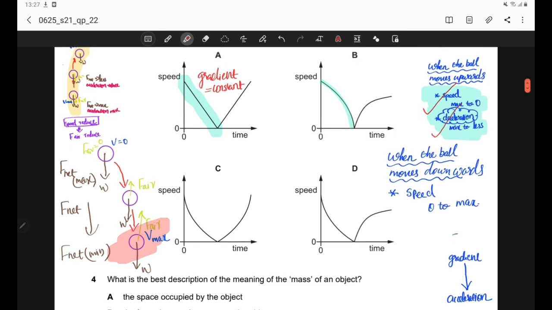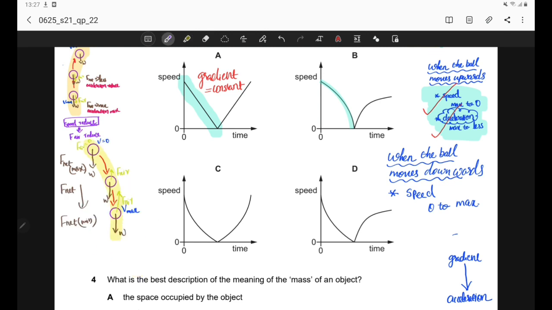When the net force is minimum, the acceleration will also be minimum. So during this motion, that is the motion of the ball from upwards till downwards, we can conclude that the net resultant force reduces due to the increase in air resistance, which will cause less acceleration, or the acceleration will also reduce.